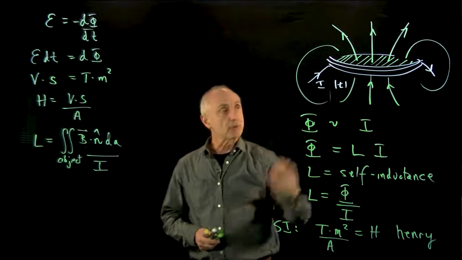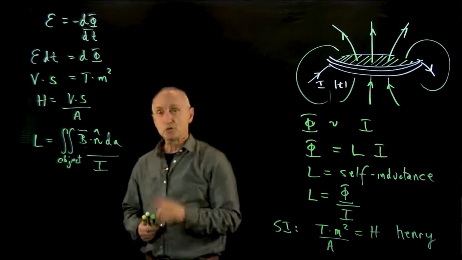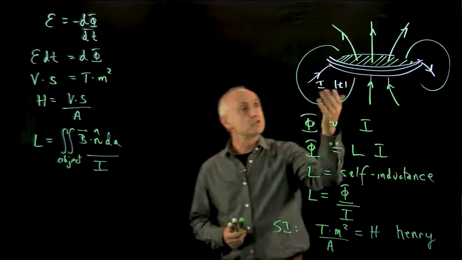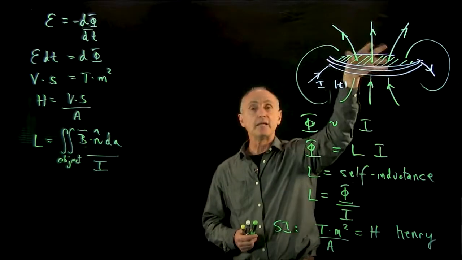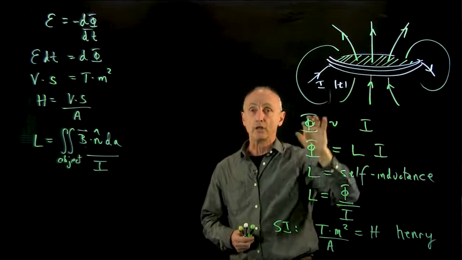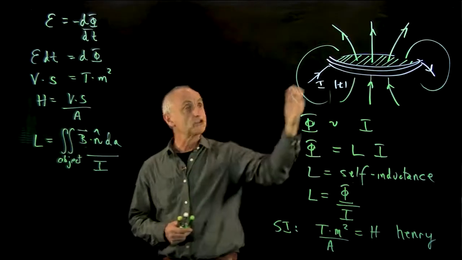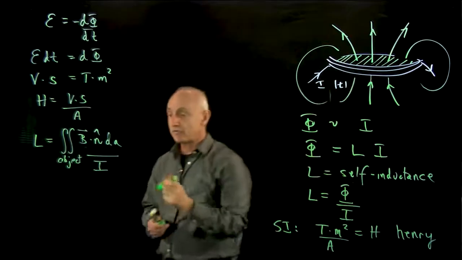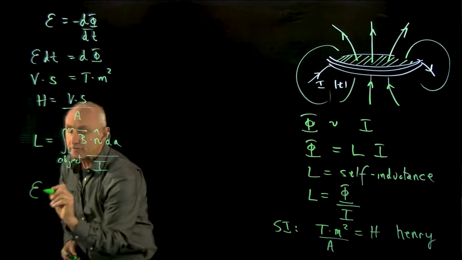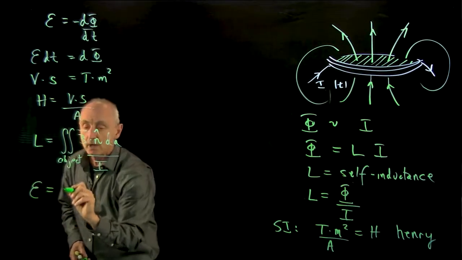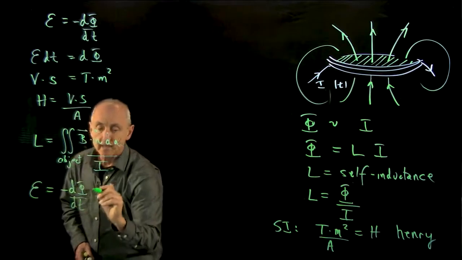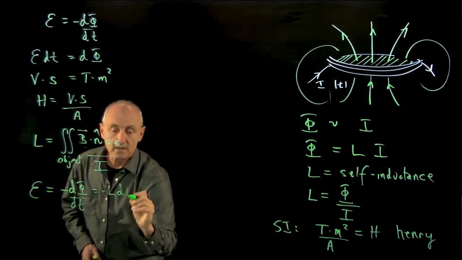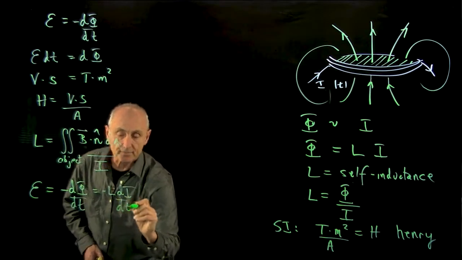Now, the last thing we want to point out is a crucial factor: if I'm changing the current in this coil, then the magnetic flux through that coil is changing. And so we would generate an EMF, and that EMF is equal to minus the change of flux, and that is minus L di/dt.